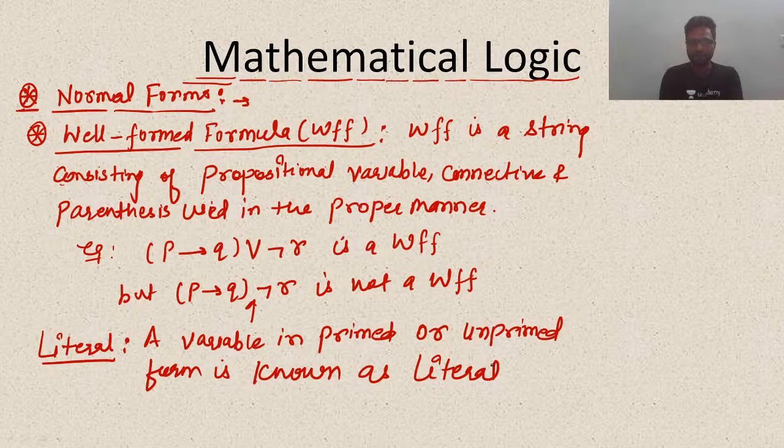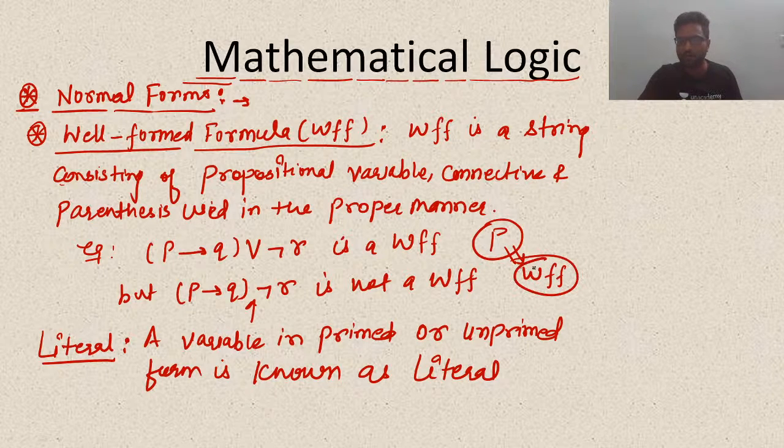Every well formed formula need not be an argument, because if a single propositional variable P is written, it is also a well formed formula, but we cannot say that it is an argument, because every argument has some specific format. That means the premises followed by conclusion, isn't it?